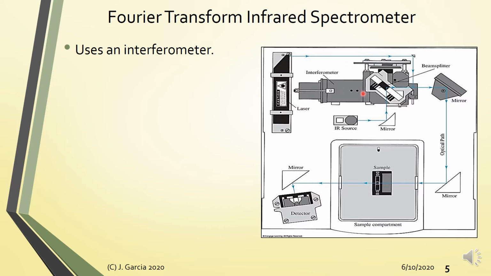So basically it's just a combination of a fixed mirror and a moving mirror. All right, so this enables us to simultaneously collect data across the wavelength range or the wave number range of interest. Okay, so wala ka na ditong gratings or prisms.